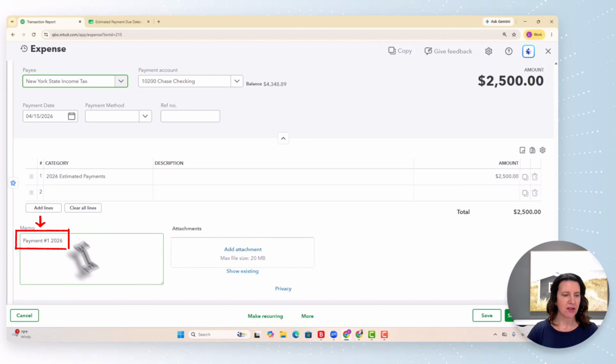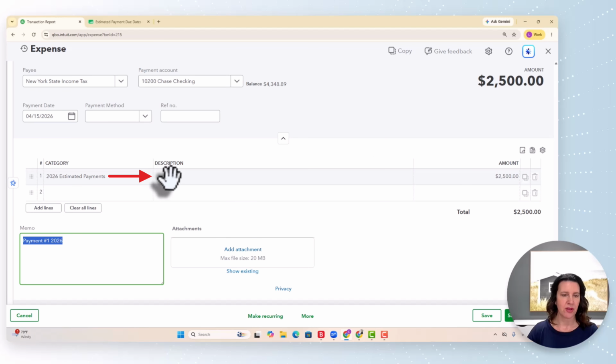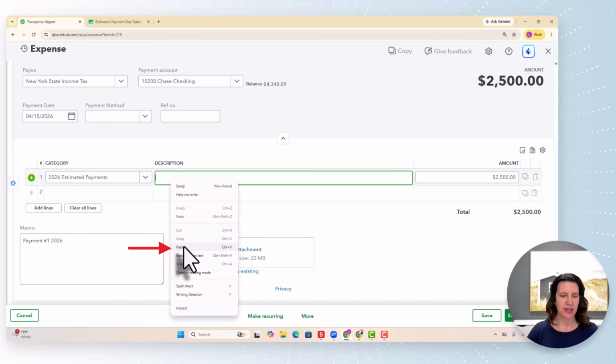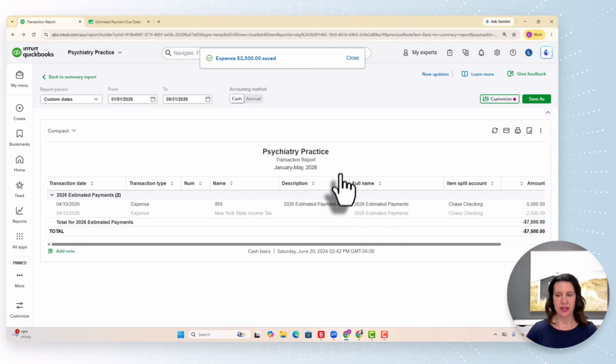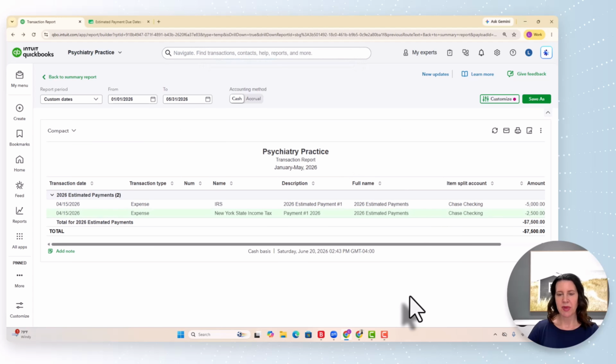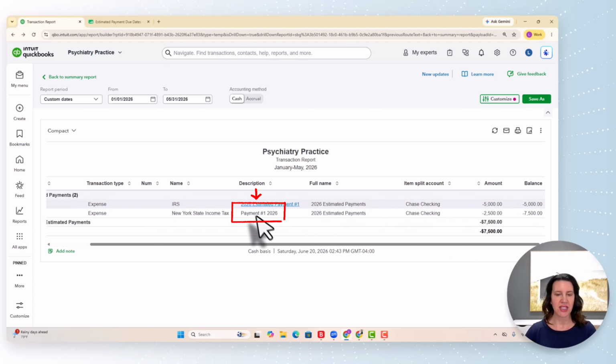I watch a lot of back and forth with my clients and their CPAs because I'm not going to schedule someone's estimated payments. Obviously, that's a personal account at a tax agency. But the CPA is having a hard time figuring out if they did make the estimated payments they were told to make, where they came from, and for which year. So this is a good way to do it.